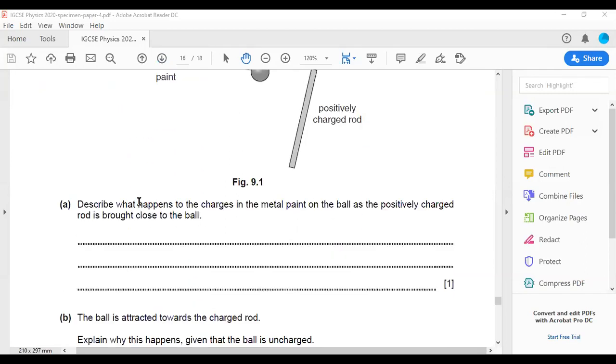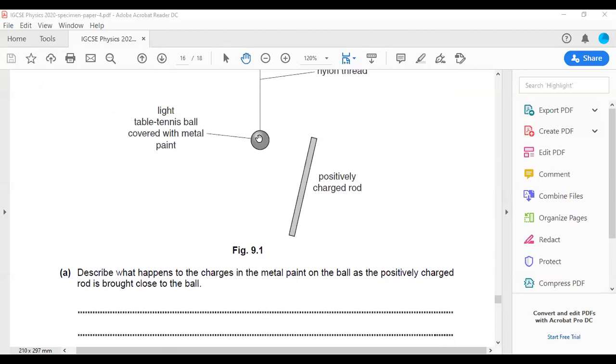Describe what happens to the charges in the metal paint. So these are all positively charged, and this rod itself is positively charged.